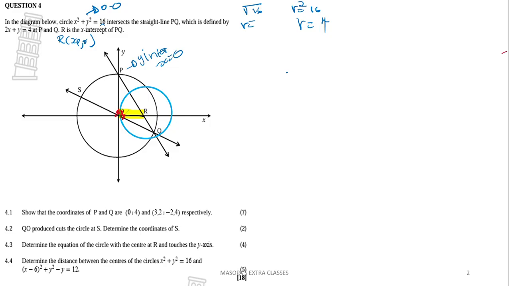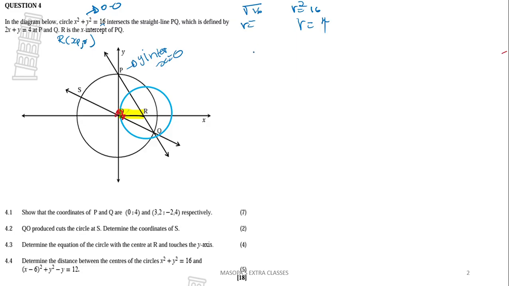And also you can see that P is on the circle, on the circumference of the circle, meaning that we can use the equation of a circle as well as the equation of a straight line, because they intersect there.